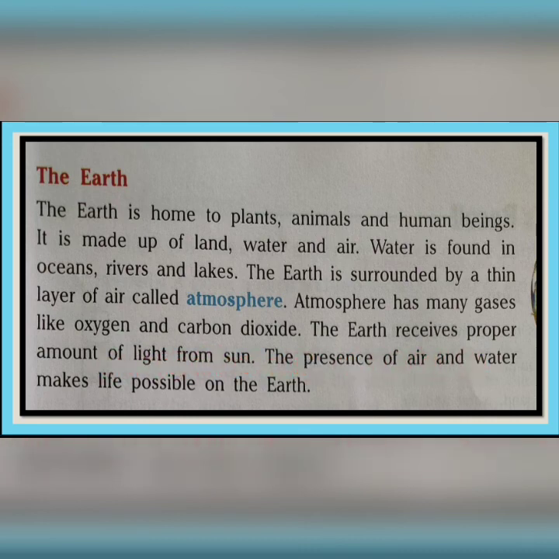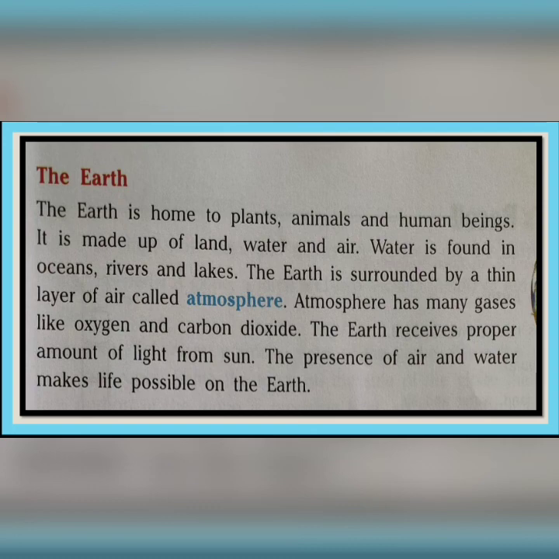So what we have learned from this paragraph, that our earth is the only planet where life can be found. And our earth is made up of land, water and air. Water can be found in oceans, rivers and lakes.